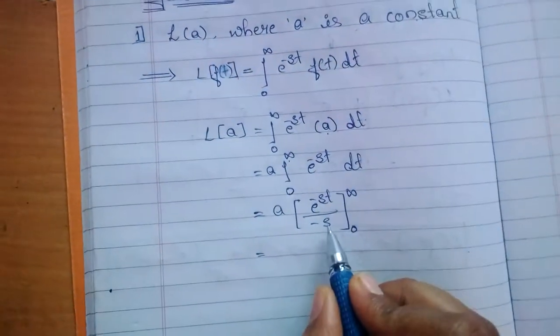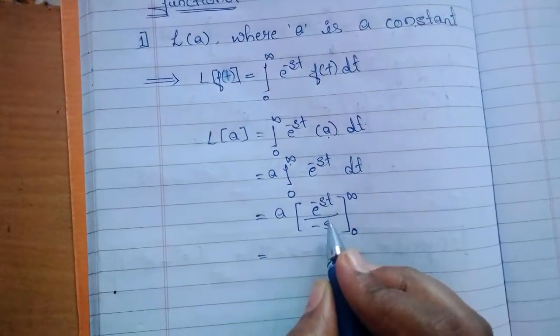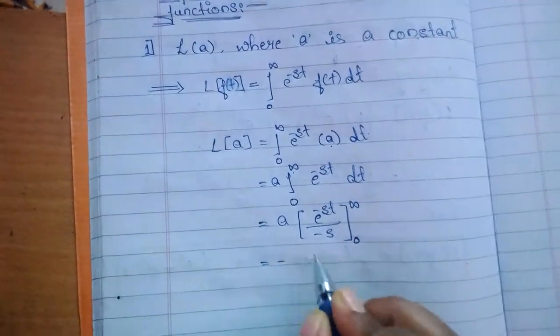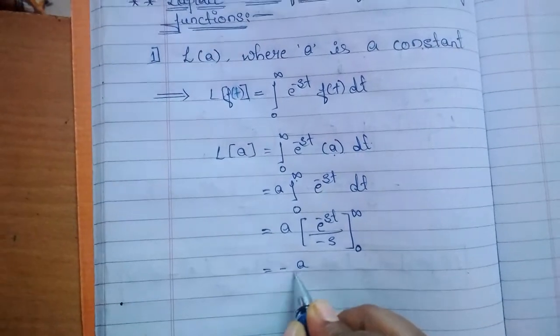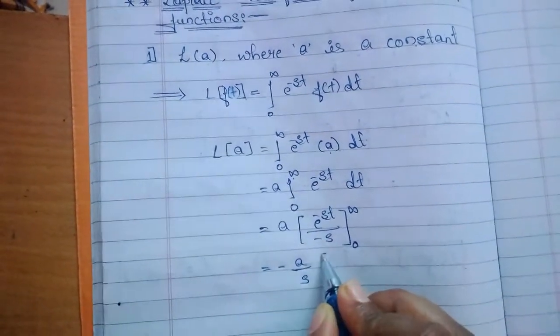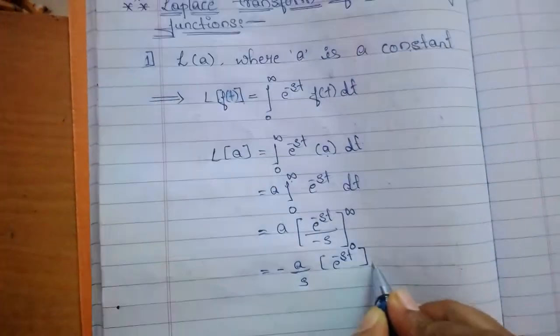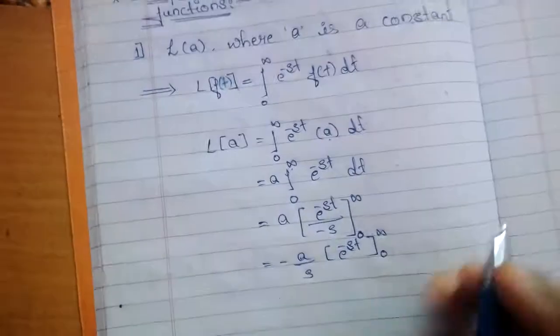Here s is constant. Take minus 1 by s outside, minus a by s. Only we have to apply limits for e raised to minus st, 0 to infinity.